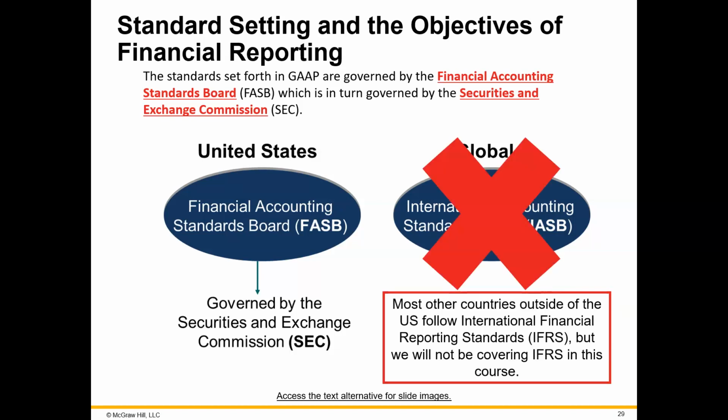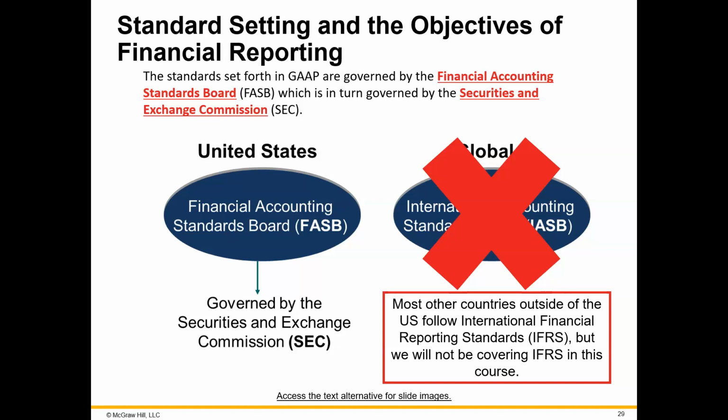Most other countries outside of the U.S. follow the International Financial Reporting Standards, or what we call IFRS, but we're not going to be covering IFRS in this course. There was a great debate for several years about bringing the IASB and the FASB together, so bringing IFRS and GAAP closer together so that it was easier to do international accounting.